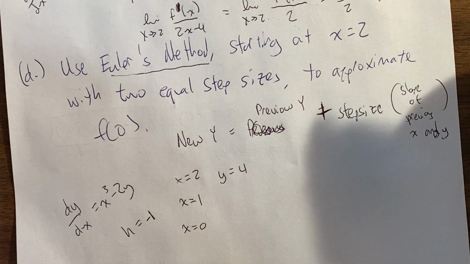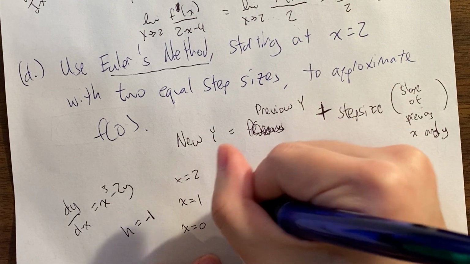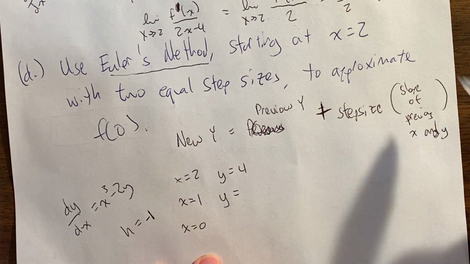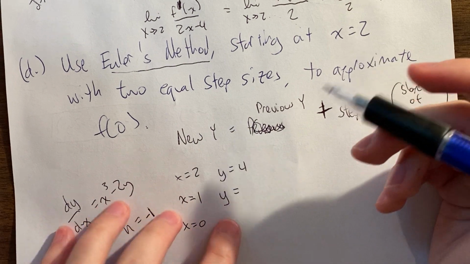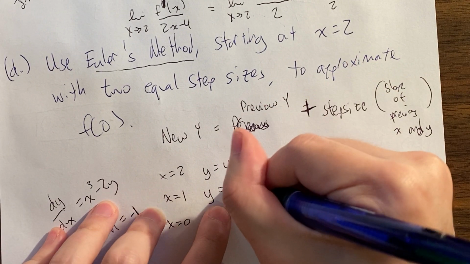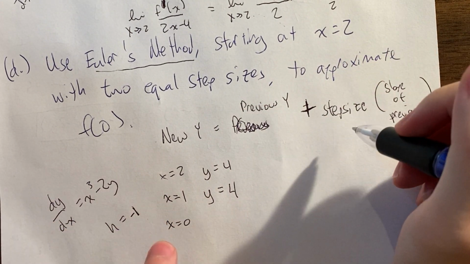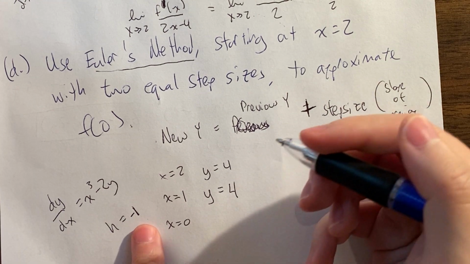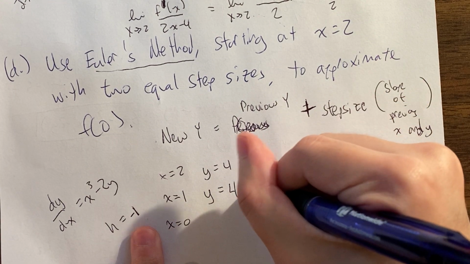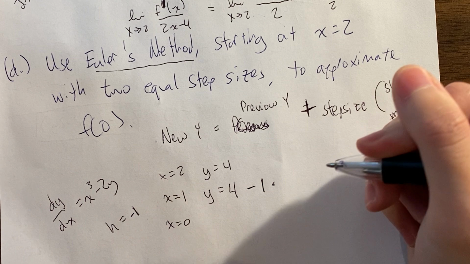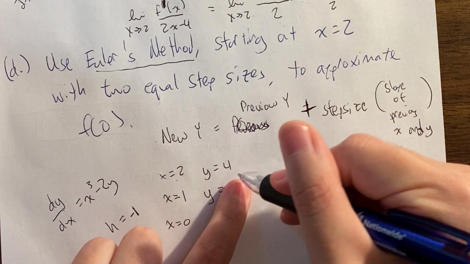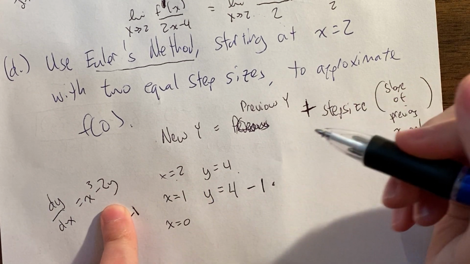And let's just employ Euler's now. So what we're going to do is just use this formula right here. It's the previous y, which is going to be the number 4, plus the step size, but we're not going to write +1, we're actually going to write -1, times, and then we're going to plug in the previous x and the previous y into this equation.